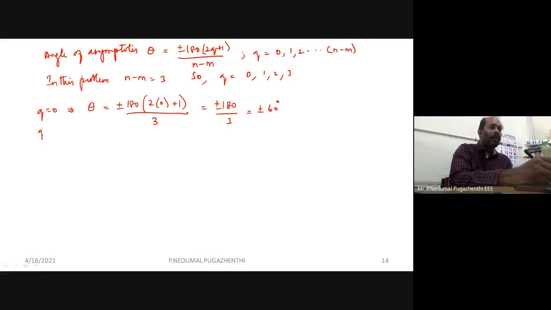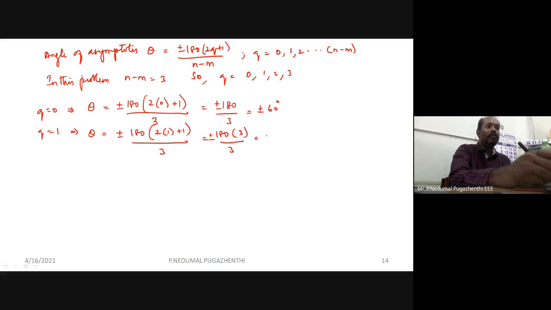And if you go for q equal to 1, you will get theta equal to plus or minus 180 times 2 into 1 plus 1 divided by 3, which is 180 times 3 divided by 3, equal to plus or minus 180 degrees.